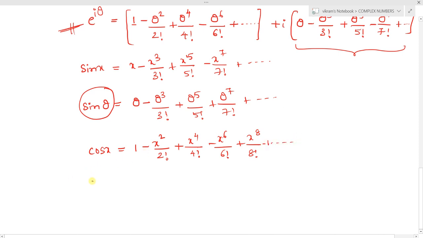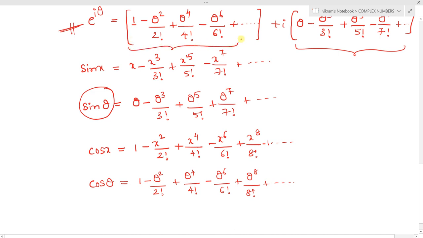If we replace x with θ, then cos θ can be written as 1 minus θ square by 2 factorial plus θ power 4 by 4 factorial minus θ power 6 by 6 factorial plus θ power 8 by 8 factorial and so on. So in the expansion of e power iθ, the real parts can all be written as cos θ.